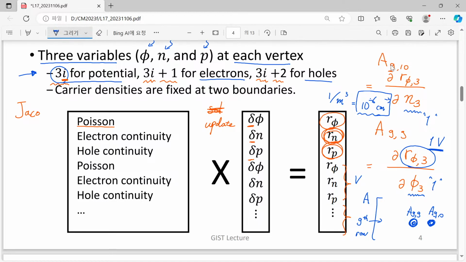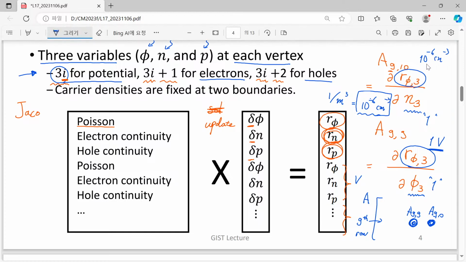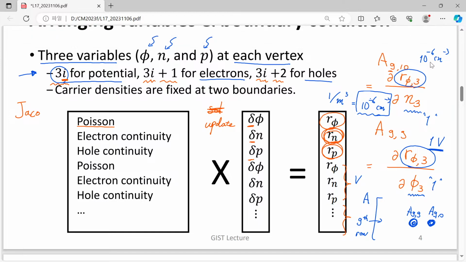And when you see the A sub 9,10, then you observe the change of the same equation, the Poisson equation at the third node, when you change your electron density by an amount of 10 to the minus 6 per cubic centimeter. Then which one will have the larger value and which one the lower value?